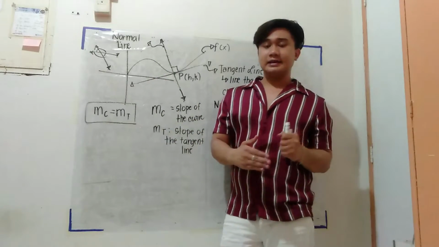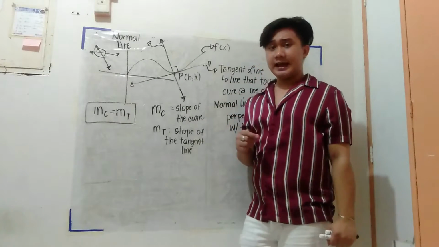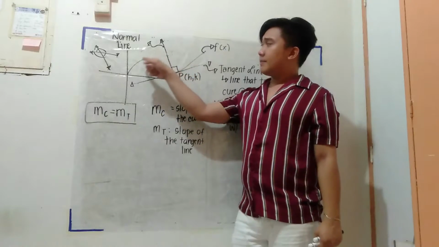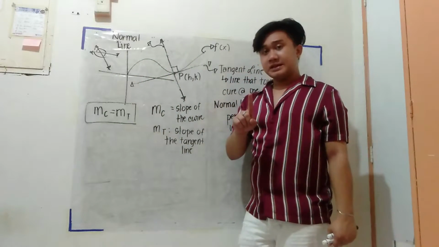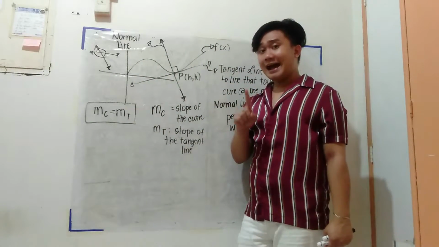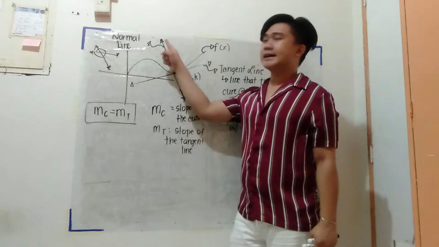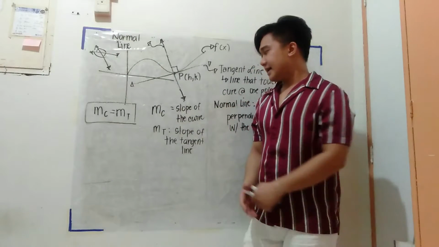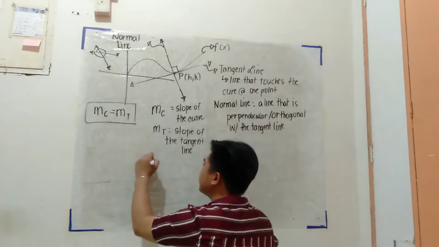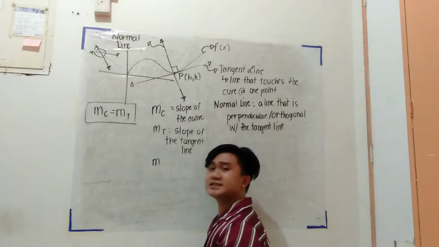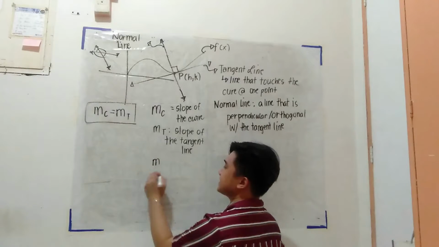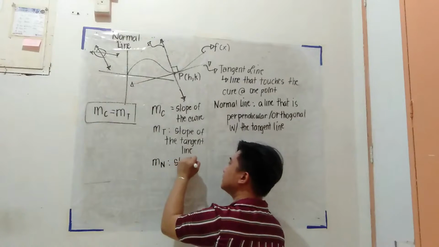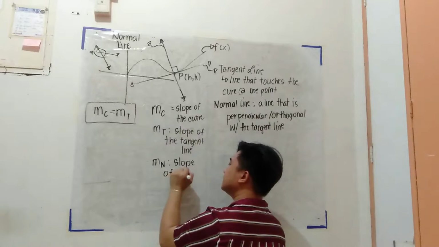So, balikan natin. Kapag sinabi nating tangent line, ito yung line na nagtatouch sa ating curve at one point. Kapag nagdrawing ka ng line na perpendicular sa tangent line, yun ay tinatawag na normal line. And meron pong relationship ang mga slopes ng perpendicular lines. So, let us say this is m_N, the slope of the normal line.